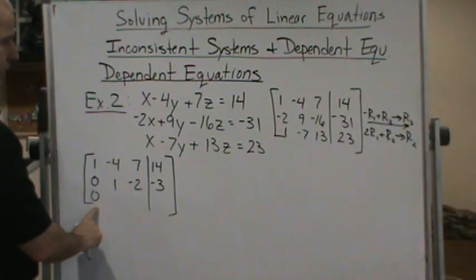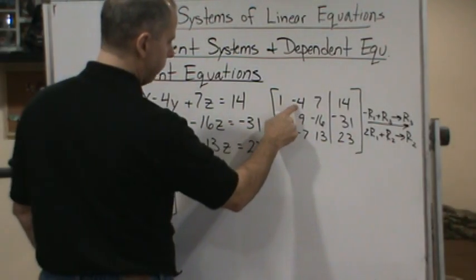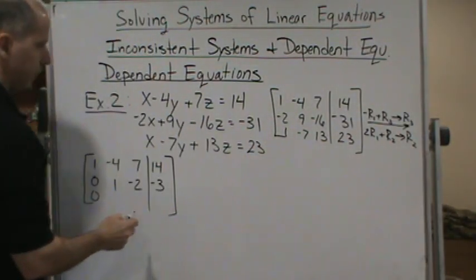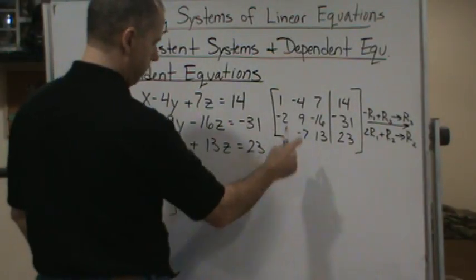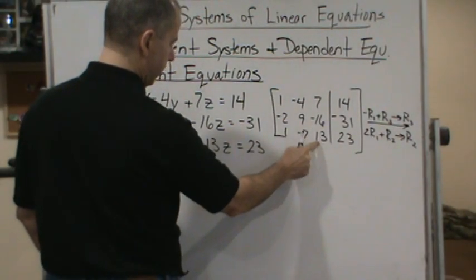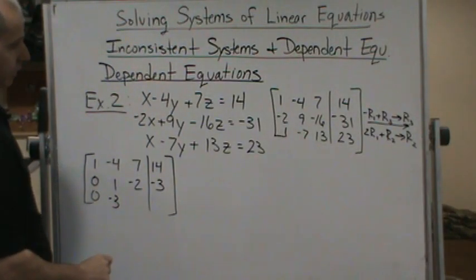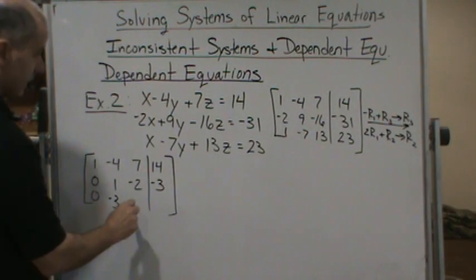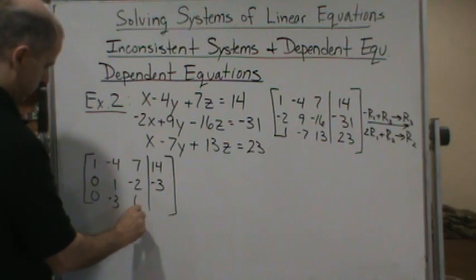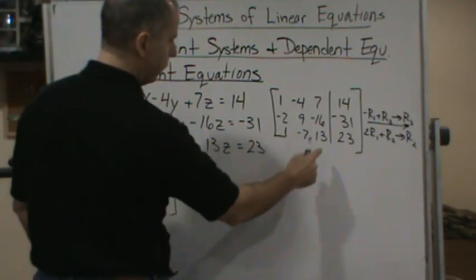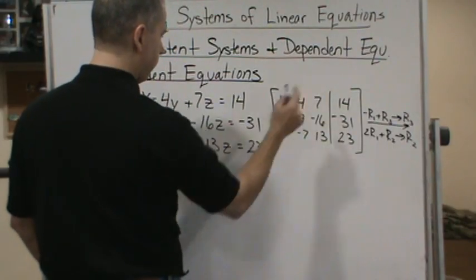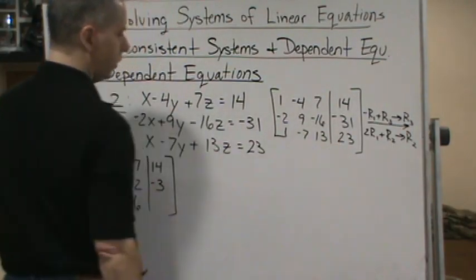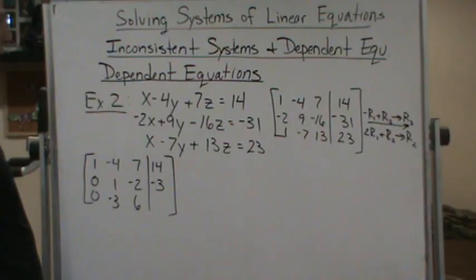So again, we're going to get 0 here. And then we're going to get 4 plus -7, which is -3. And then we get -7 plus 13, which is going to be 6. And then we get -14 plus 23, which is 9.